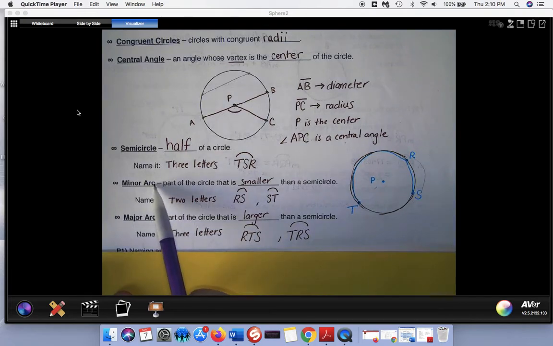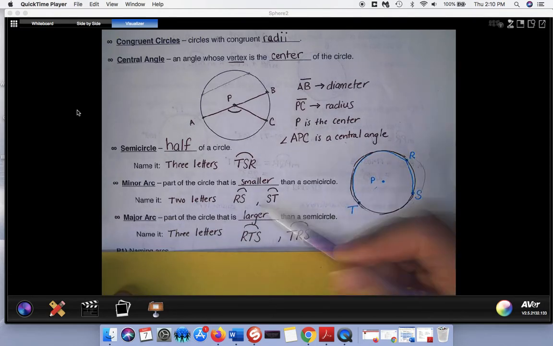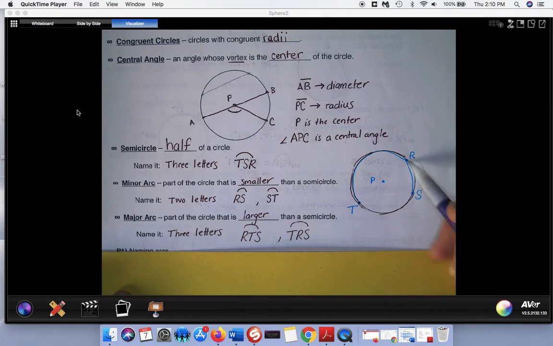Minor arcs. Minor arcs are smaller than a semicircle. They are named by only 2 letters. And the letters that we use as the name are the endpoints of the arc. So arc RS is a minor arc. Arc ST is another minor arc.